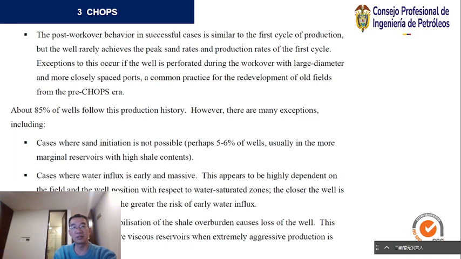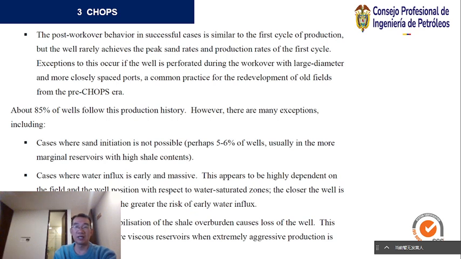Exceptions to this occur if the well is perforated during the workover with larger diameter and more closely spaced perforations, a common practice for the redevelopment of old fields from the pre-CHOPS era. About 85% of the wells follow this production history.